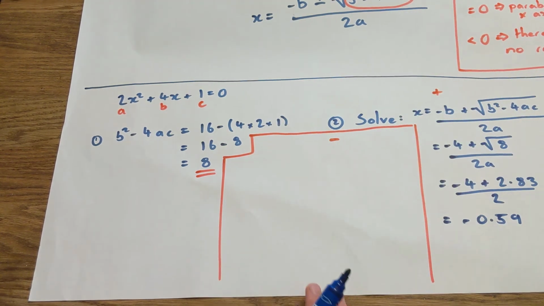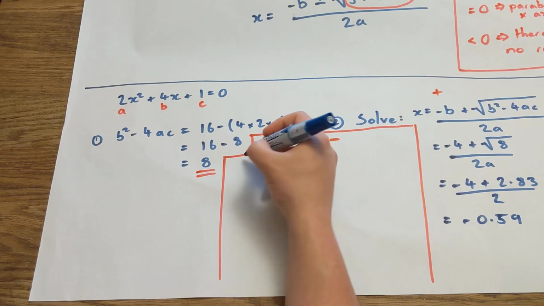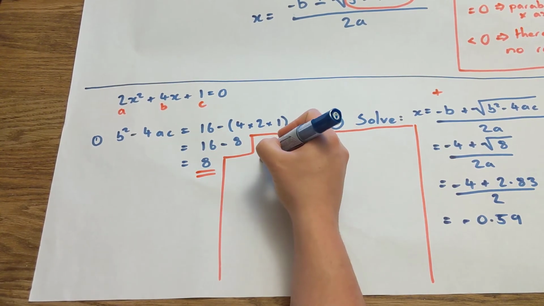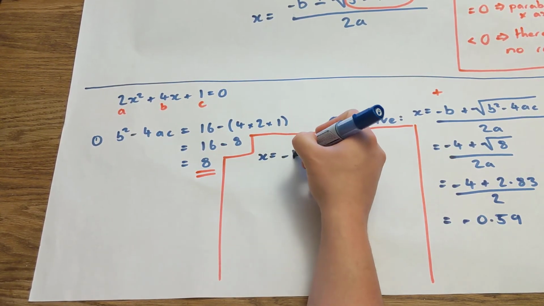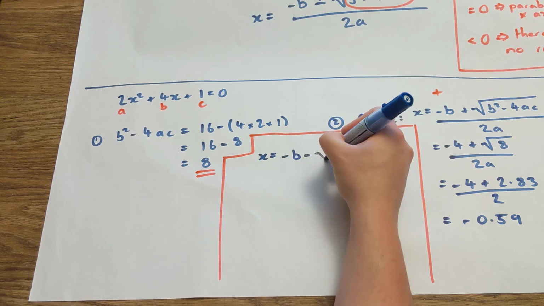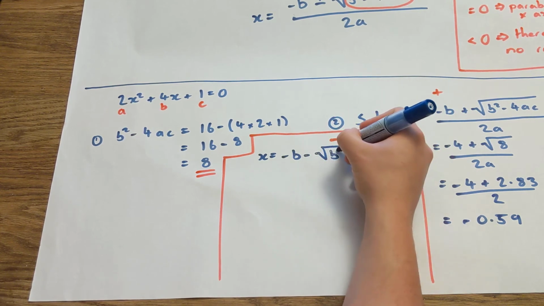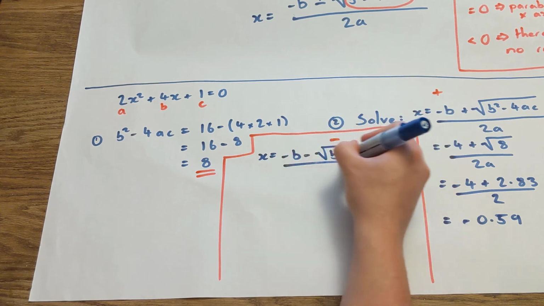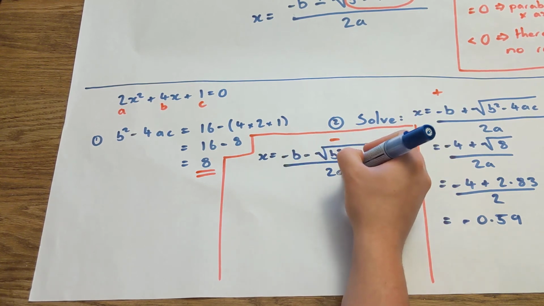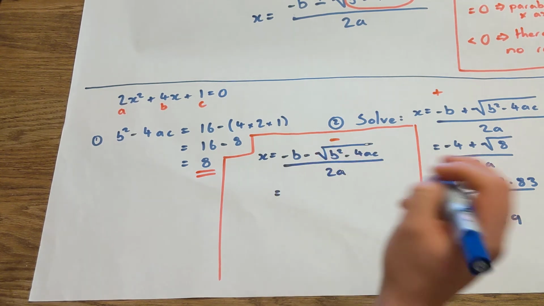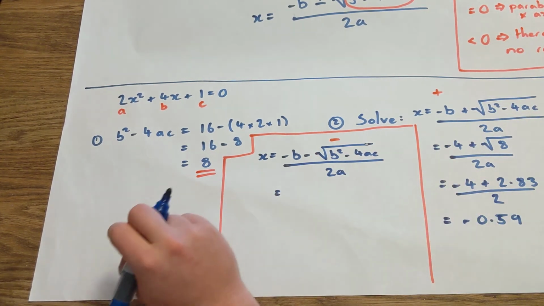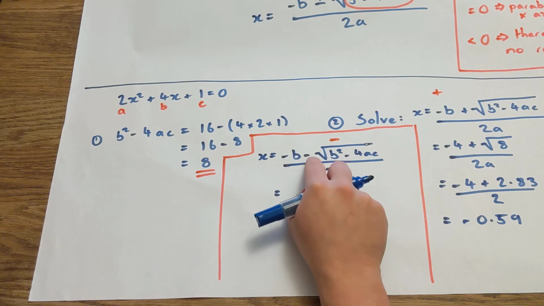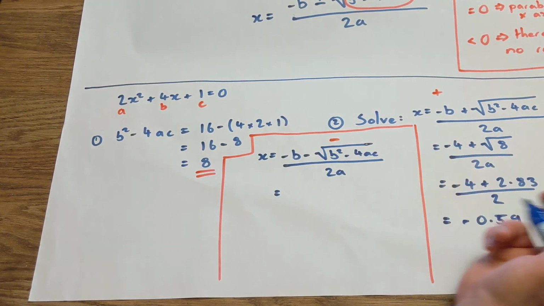So if we're taking them away, our formula is x equals negative b, take away the square root of b squared minus 4ac divided by 2a. Again, we're subbing everything in. All the numbers we're subbing in will be exactly the same. The only thing that's changed is this is now a negative rather than a plus.